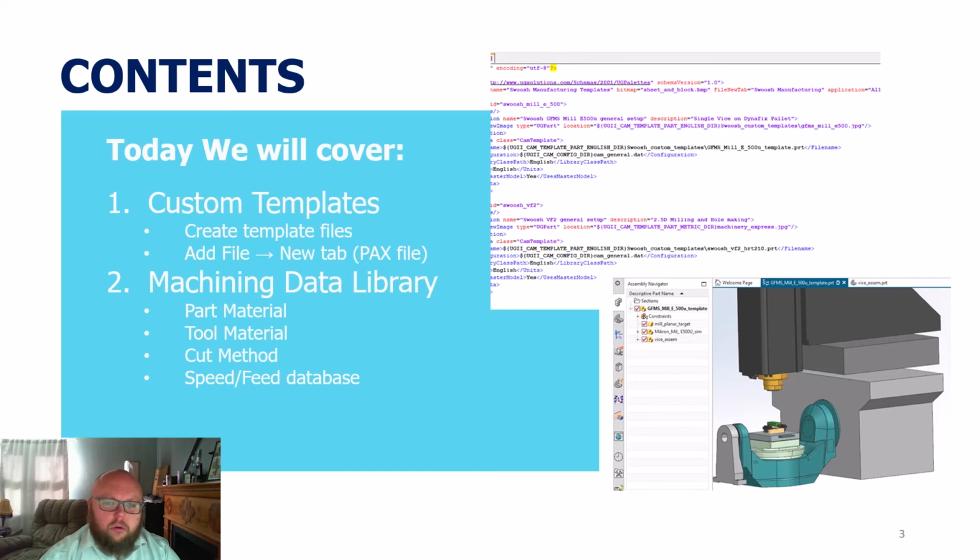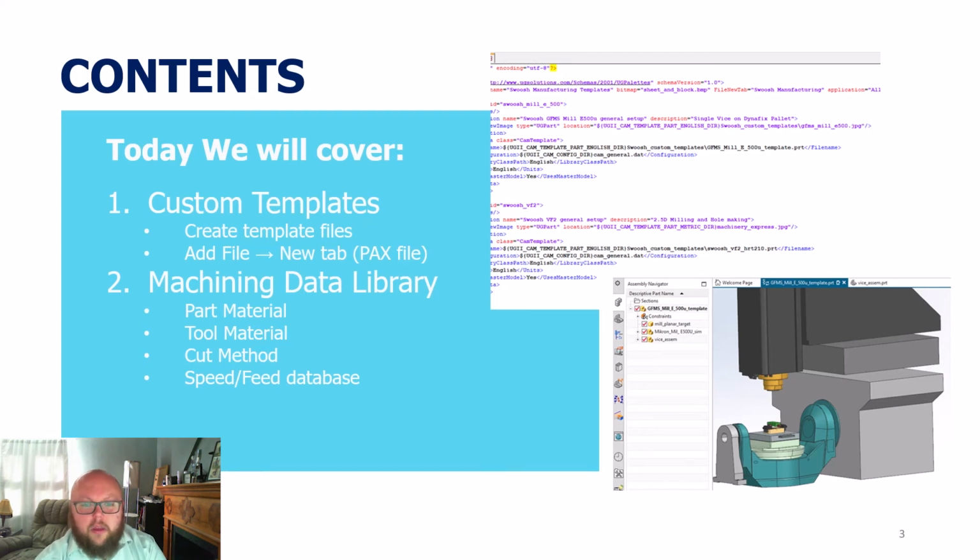We're going to look at creating custom template files and what some of the various use cases are to set up various custom templates, as well as how to go about either editing your out of the box PAX file, or my suggested approach is to go ahead and create your own PAX file, which will organize your templates on its own tab under the File New menu. I find this to be the most user-friendly way, but again, however you want to do it in your organization is fine. And then the next topic will be utilizing the machining data library.